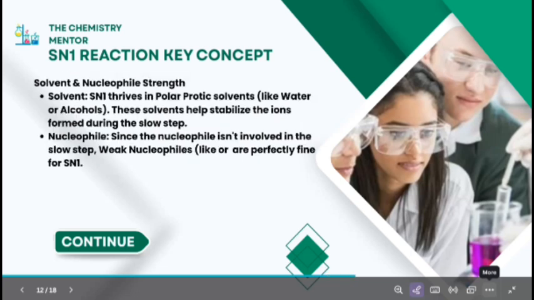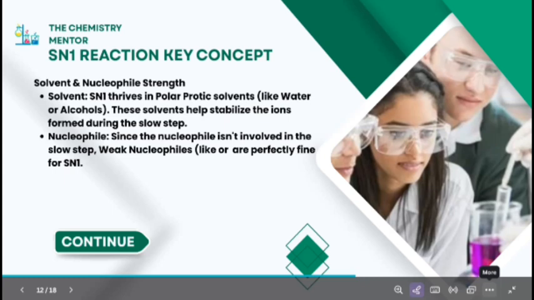So just like that, if there is more hindrance, only a weak nucleophile can approach the hindered molecule. That's why, due to the hindrance, SN1 proceeds with weak nucleophiles.